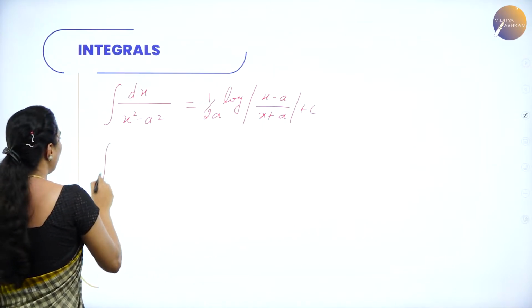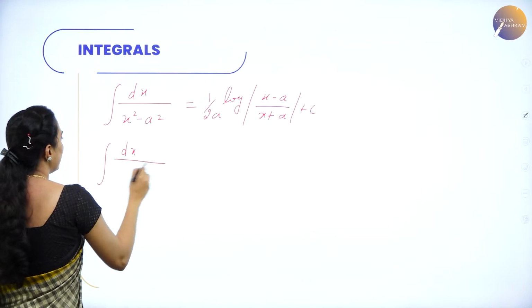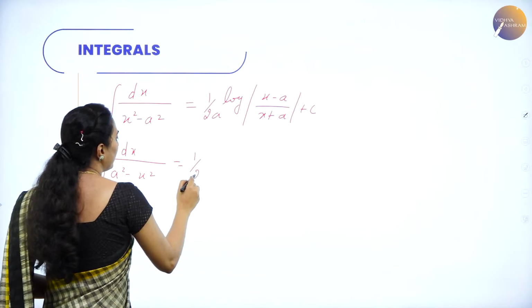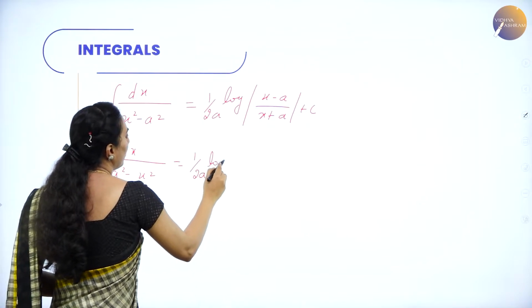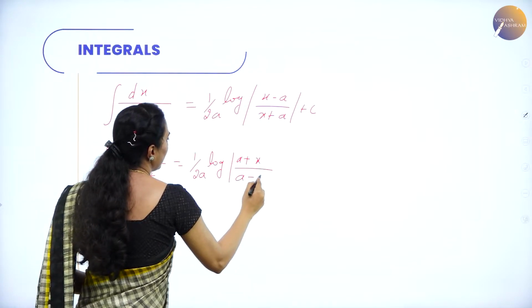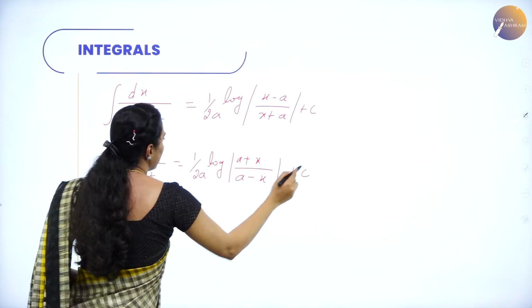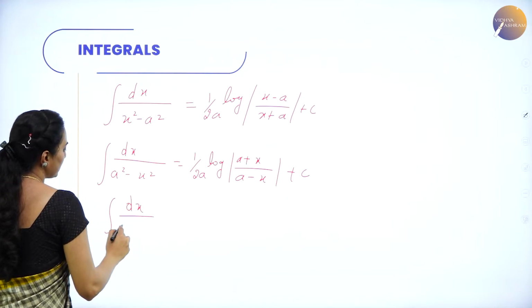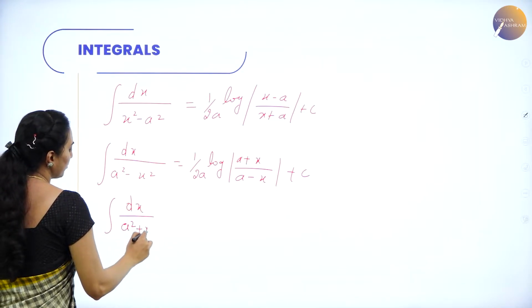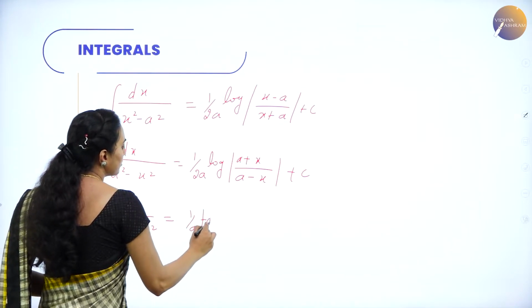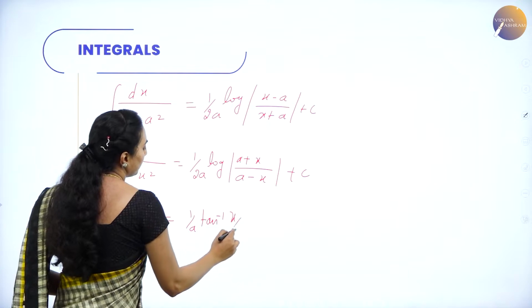And then integral of dx divided by a squared minus x squared is given by 1 divided by 2a into log of modulus of a plus x divided by a minus x plus c. Similarly, integral of dx divided by a squared plus x squared or x squared plus a squared is given by 1 by a into tan inverse of x by a plus c.